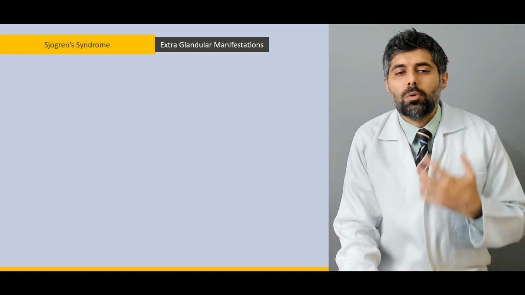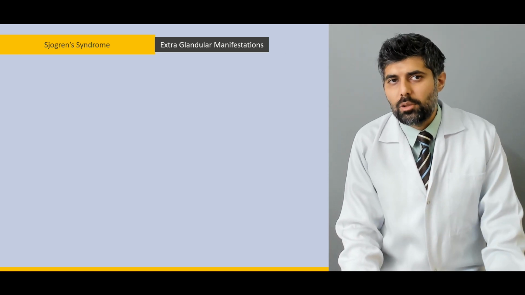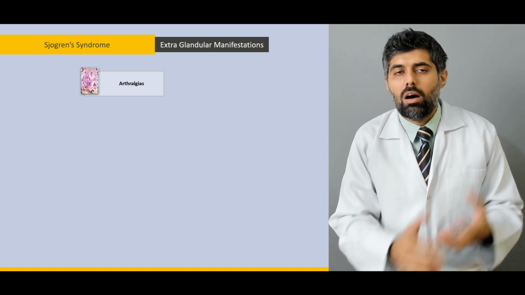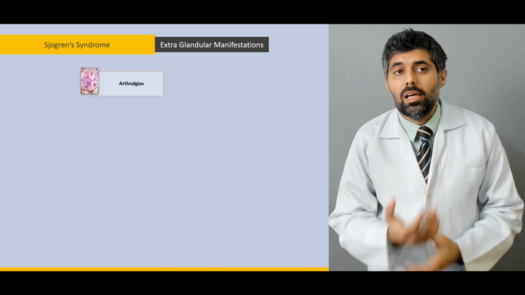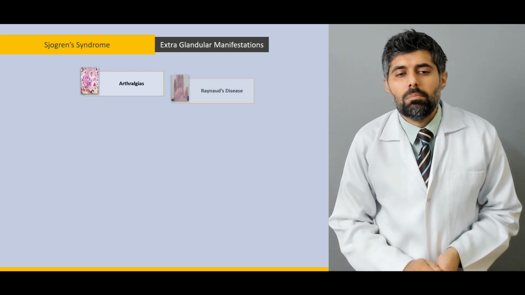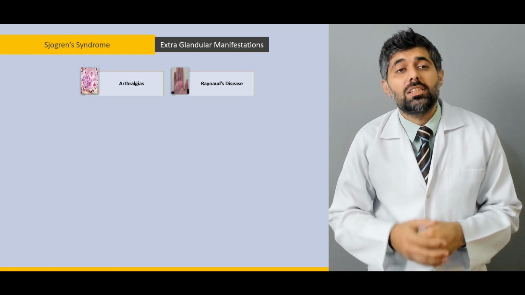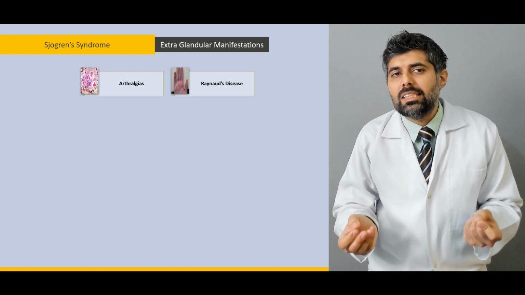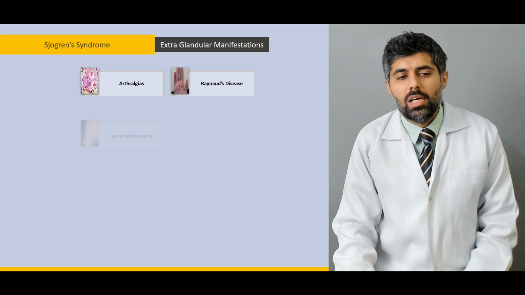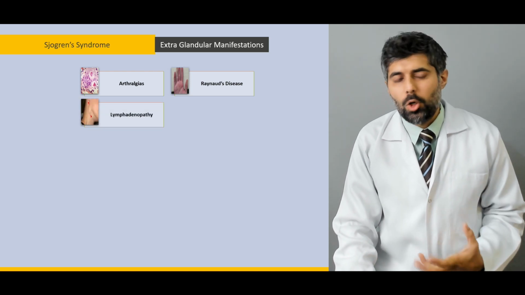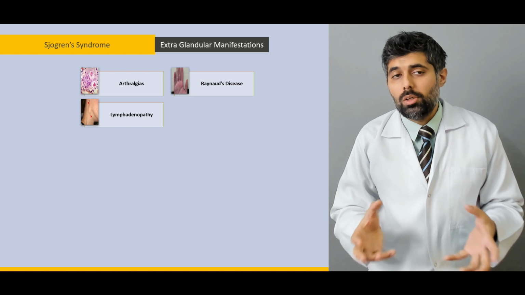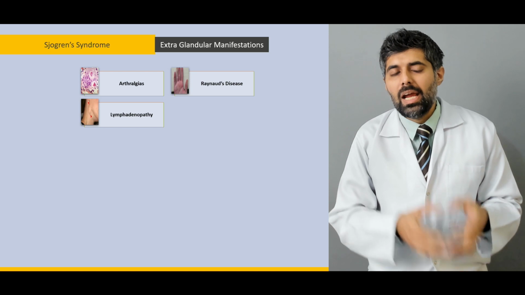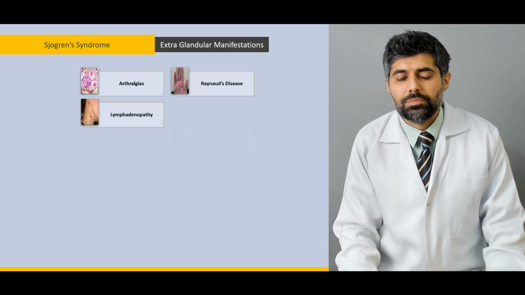Next, we're going to talk about the extraglandular manifestations of the Sjogren syndrome. Now, these extraglandular manifestations are arthralgias, that is the pain in the joints. It can be Raynaud's disease, that is the blanching and then the bluish discoloration of the extremities of the hands. It can even result in lymphadenopathy or swollen lymph nodes, which are usually found due to the inflammation of the parotid and other salivary glands.